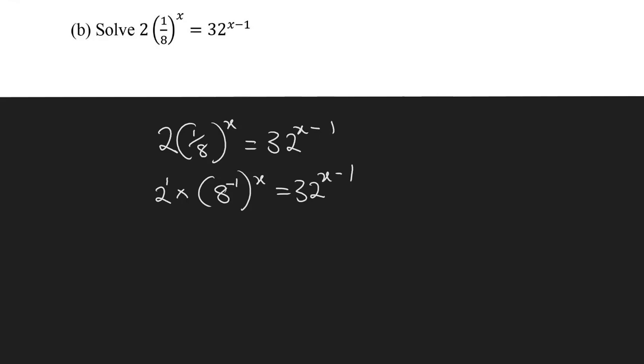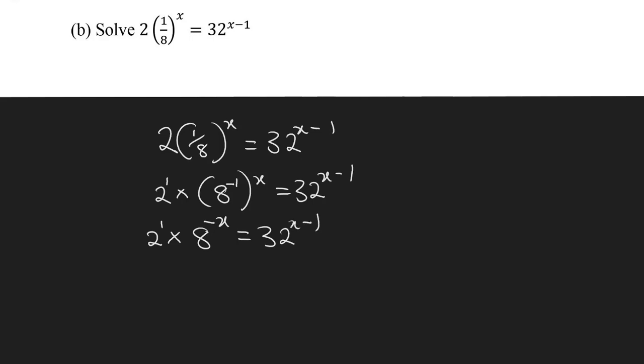So this is same as 2 raised to the power 1 times 8 to the power of minus 1 times x, right? Because x raised to the power a, close bracket b, is same as x raised to the power ab. So a will multiply by b. So minus 1 times x is going to be minus x is equals to 32 to the power of x minus 1.